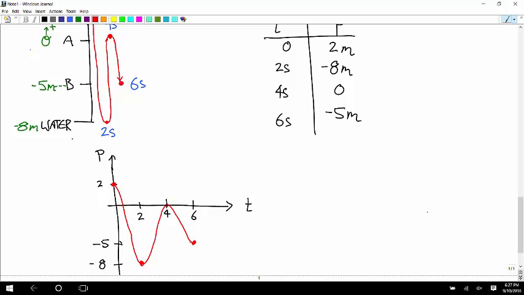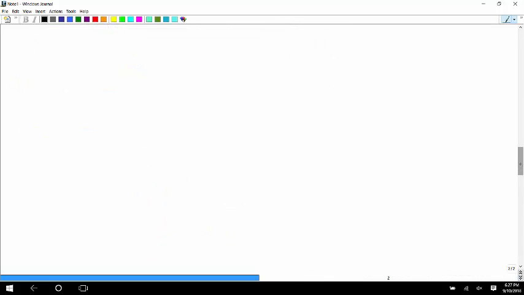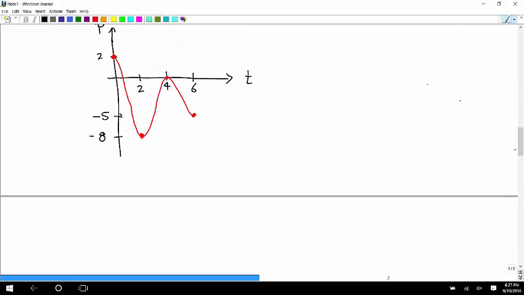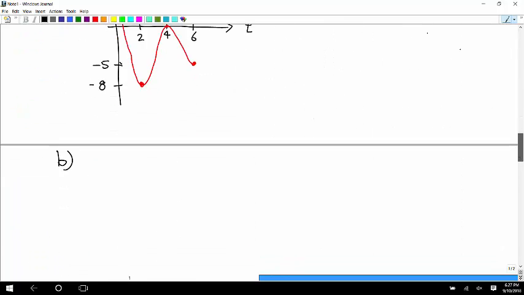Any questions about that? Okay, so we've done a couple examples like that already, but now we're going to do the displacement calculations. So part B, we want to figure out the displacement from time equals 2 seconds to time equals 4 seconds.